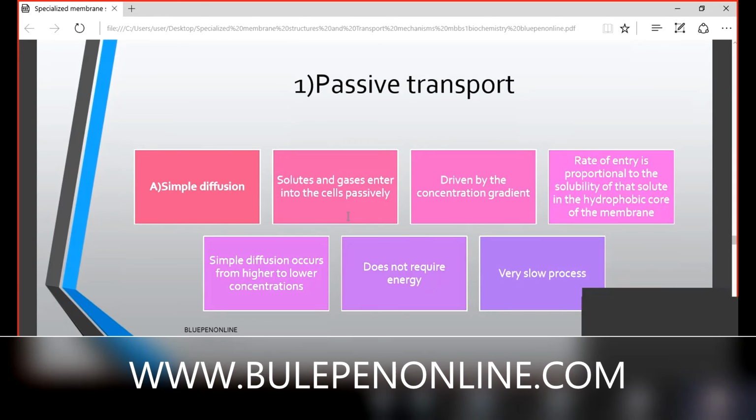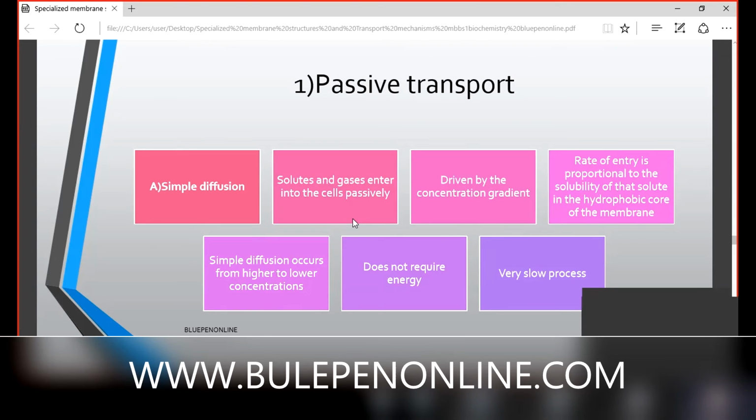Now we are entering into passive transport. What is the importance of passive transport? What is meant by passive transport? There are two areas, simple diffusion and facilitated diffusion. What is simple diffusion? A very simple process.